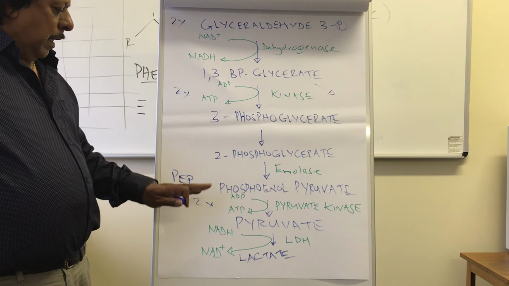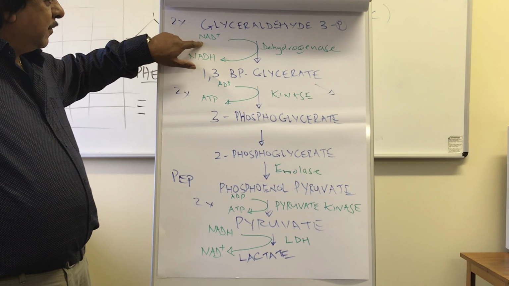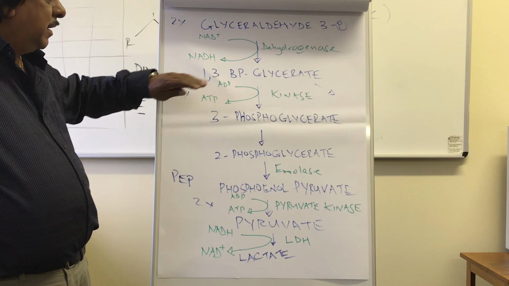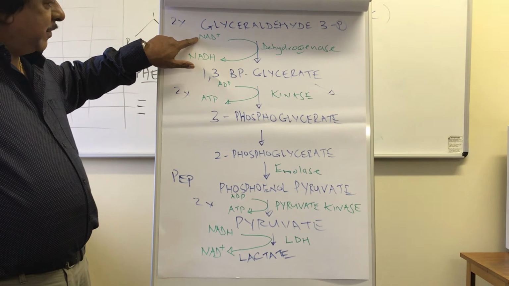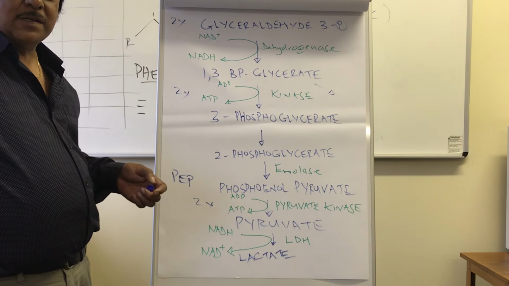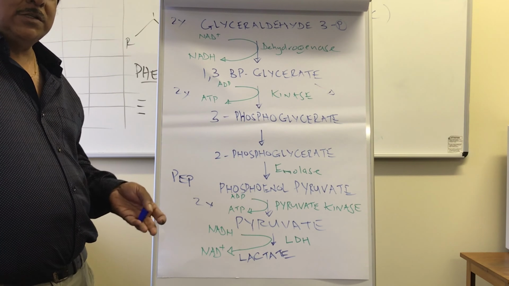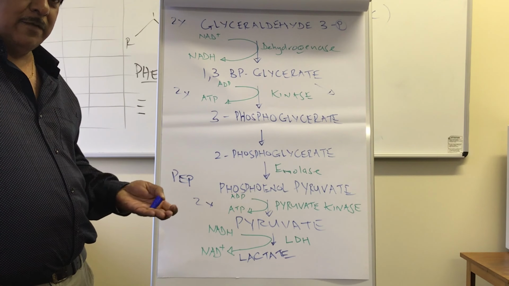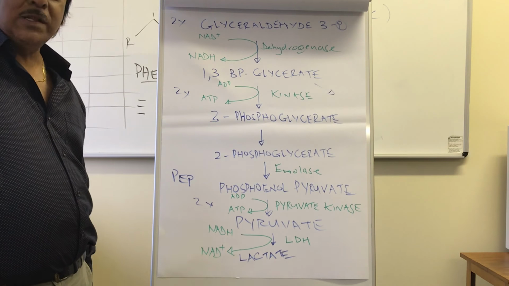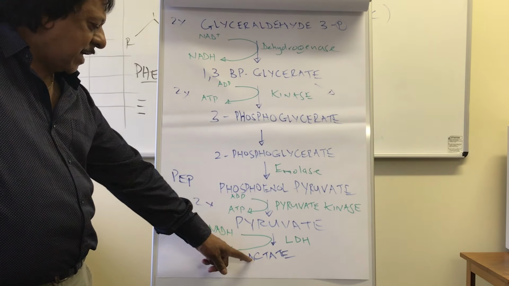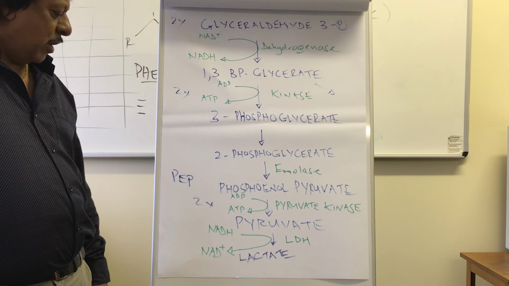And so let's just consider this step here, the conversion of glyceraldehyde 3-phosphate to 1,3-bisphosphoglycerate. I said to you that we require NAD plus for this reaction. If for any reason the electron transport chain is unable to operate because of a lack of oxygen or because of the presence of an inhibitor of the electron transport chain, then the pyruvate has to go one step further, and it is converted to lactate or lactic acid by an enzyme called LDH or Lactate Dehydrogenase.